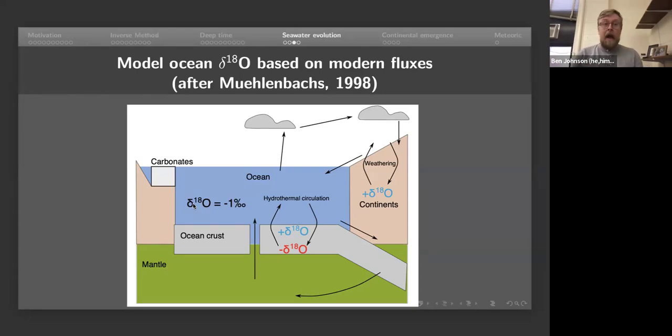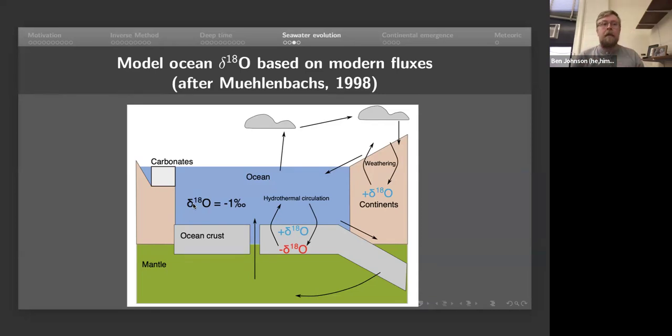And so what I'm going to show now is a series of model runs. This is an oxygen isotope model based on Muehlenbachs 1998, where he compiled the total amount of fluid that goes through all of these geologic water cycle steps and the oxygen isotope fractionation associated with that, to calculate a steady state seawater δ18O value as a function primarily, again, of hydrothermal circulation and weathering on the continents.